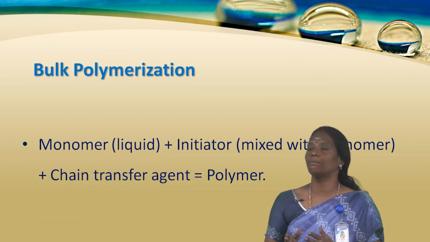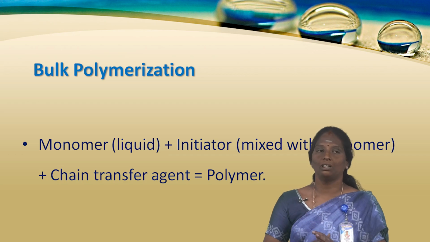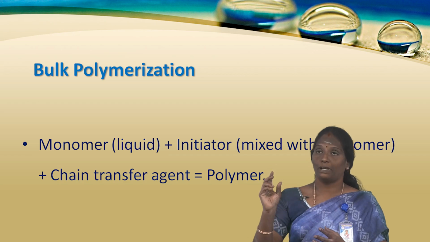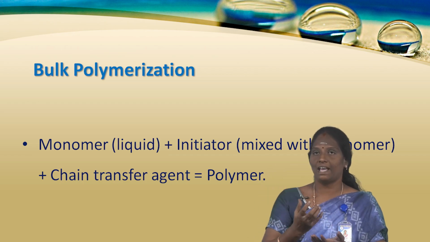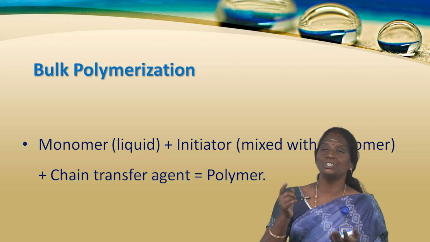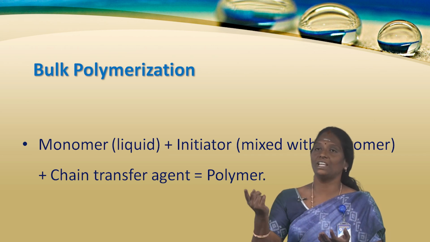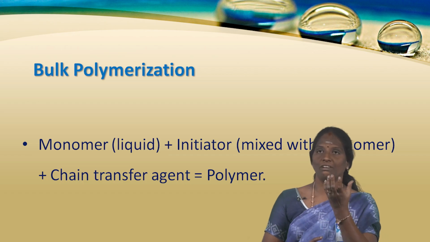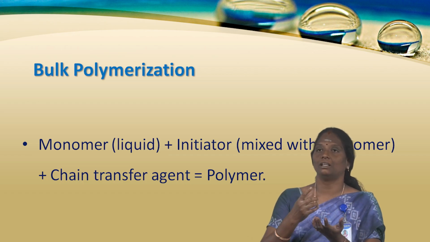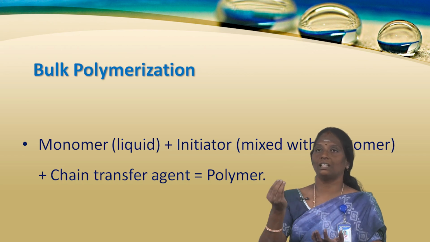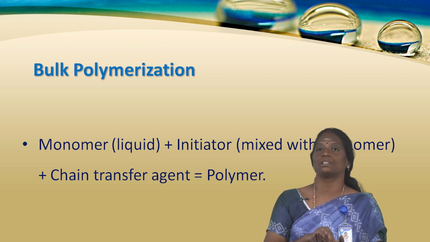So, what is meant by bulk polymerization? This is the simplest method of polymerization. The monomer is taken in a flask as a liquid form and the initiator, chain transfer agent are dissolved in it. So, in a flask we contain monomer in the liquid form, initiator, and chain transfer agents.